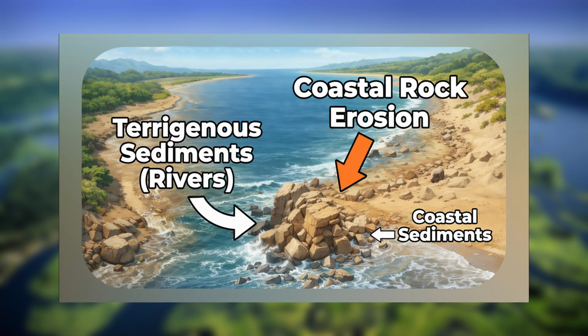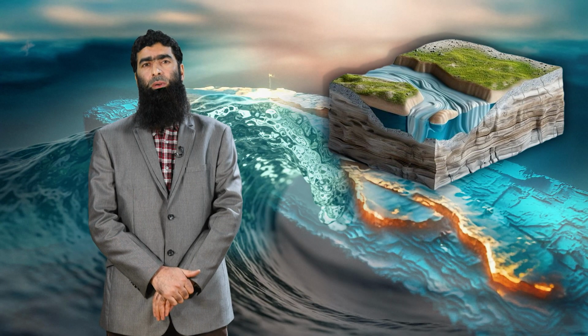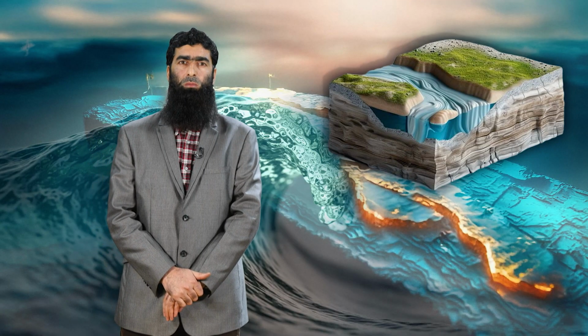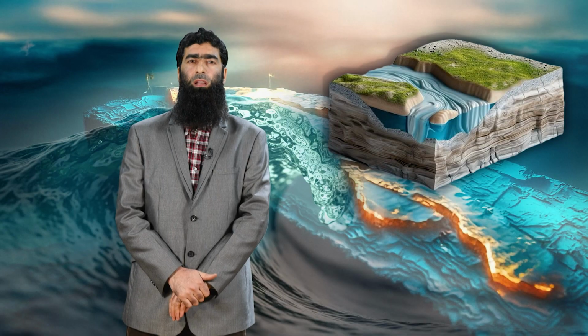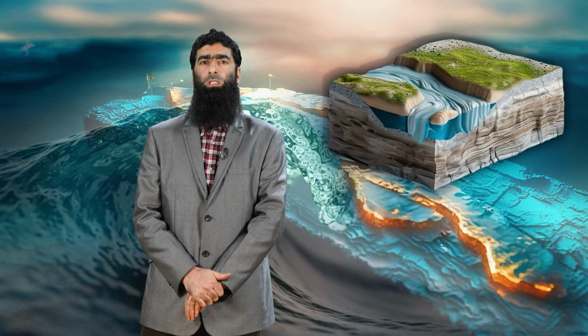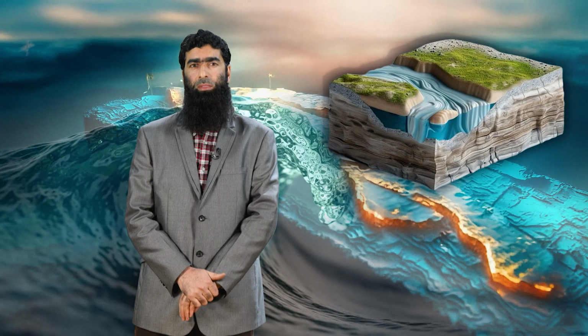The coast consists of sediments of terrigenous origin brought by rivers and from the erosion of the coastal rocks by ocean waters. The climate exerts a primary control on the production and supply of sediments both from the river catchments as well as the sediments produced from the coastal and shallow marine settings.